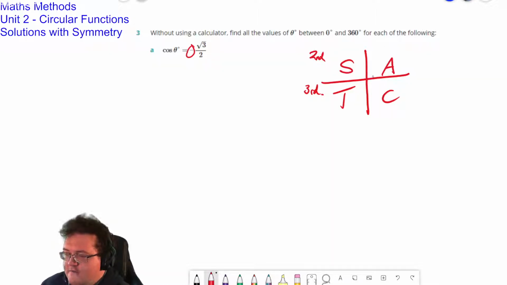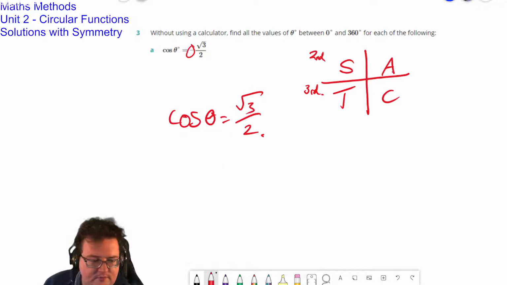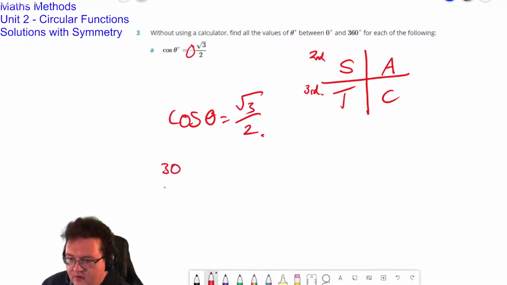So let's think about positive. All right, so if we run down our exact values table: 30, 45, 60, 90, 0.